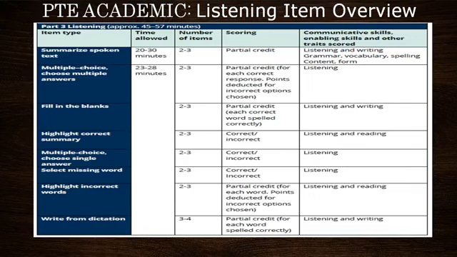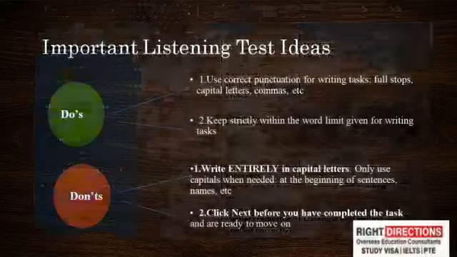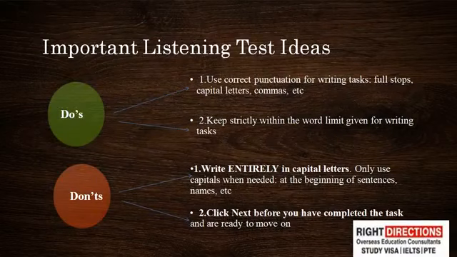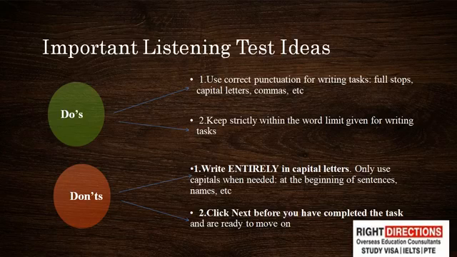Now, let me explain the first task that you may get in your exam, summarize spoken text. But before that, I will share some important listening test ideas with you. So, the first do is that you can use correct punctuation for writing tasks like full stops, capital letters, and commas.